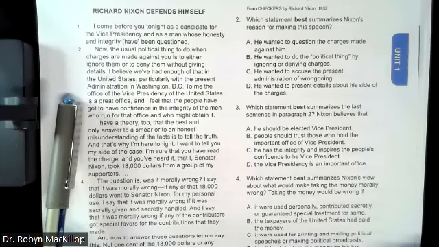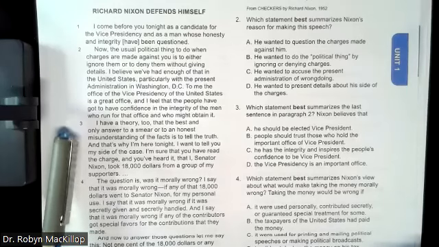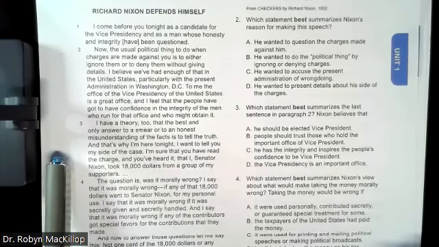I believe we've had enough of that in the United States, particularly with the present administration in Washington, D.C. To me, the office of the vice presidency of the United States is a great office, and I feel that the people have got to have confidence in the integrity of the men who run for that office and who might obtain it. I have a theory, too, that the best and only answer to a smear or an honest misunderstanding of the facts is to tell the truth. And that's why I'm here tonight. I want to tell you my side of the case.